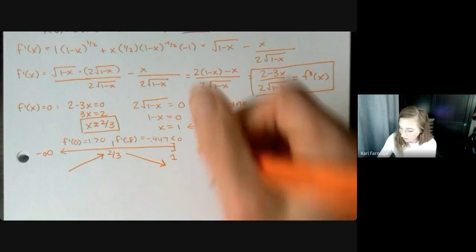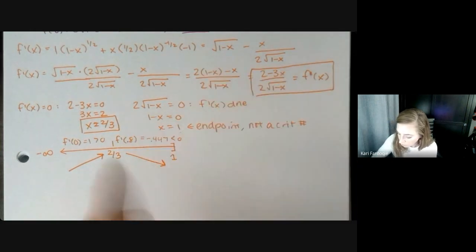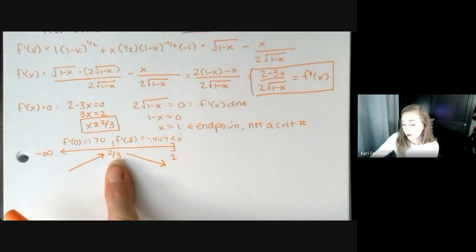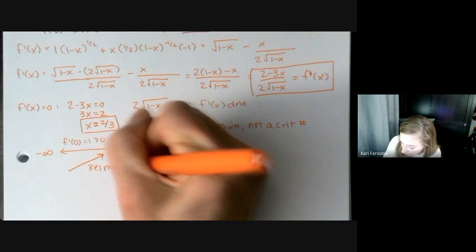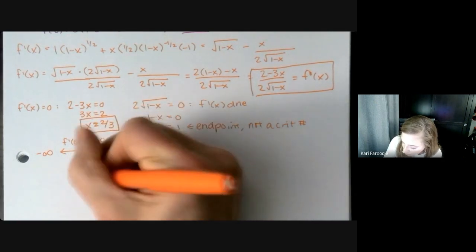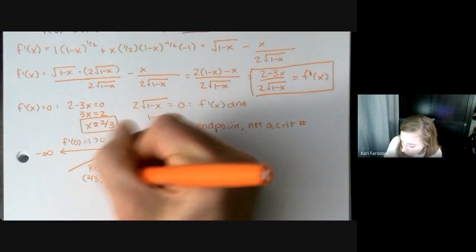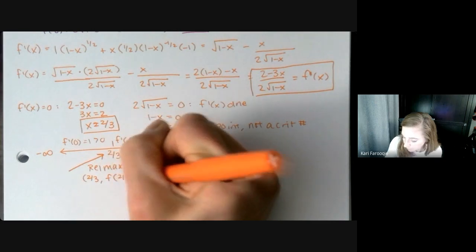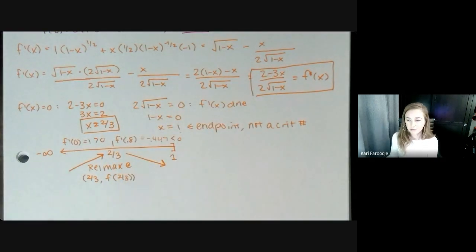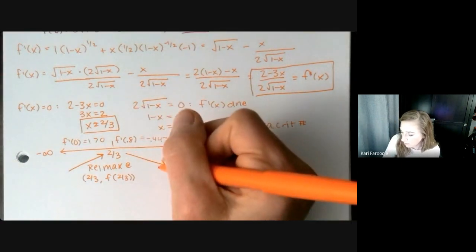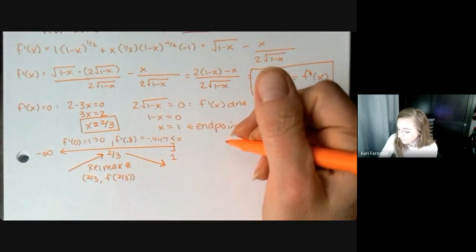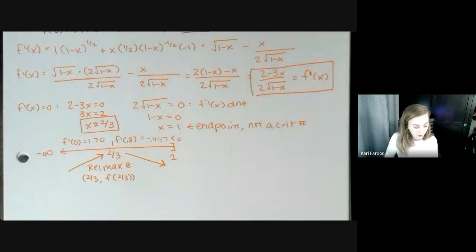So we can go ahead now and say that 2/3 represents a relative maximum. And we'll get f of 2/3 in a minute. Right now, I would say leave it. All right, so that's our sign analysis.